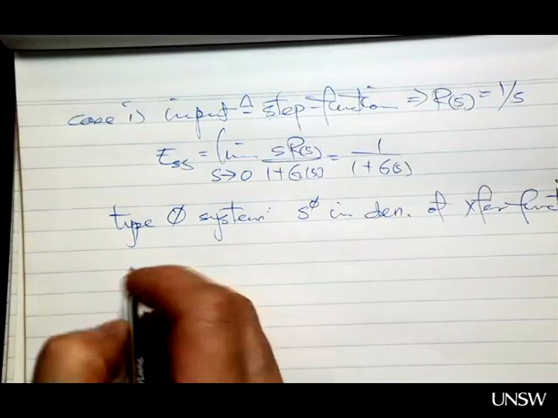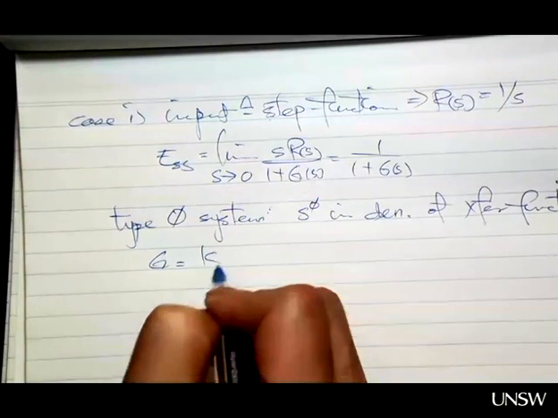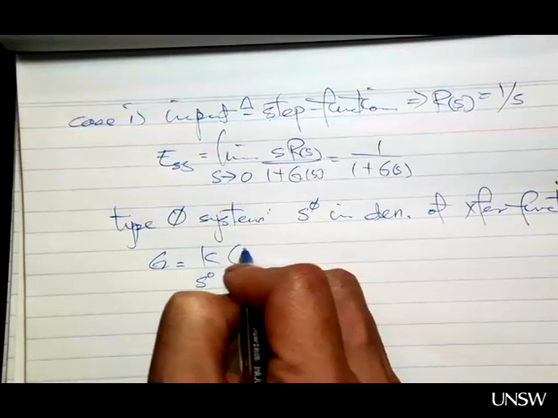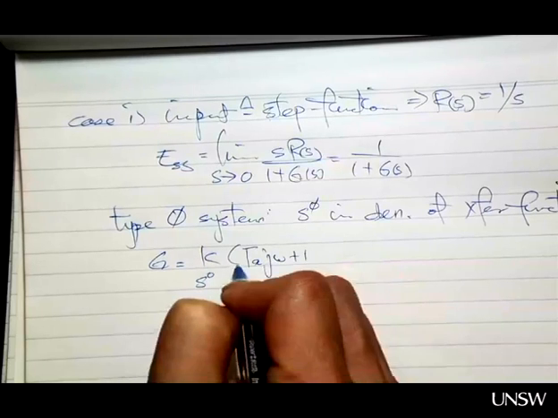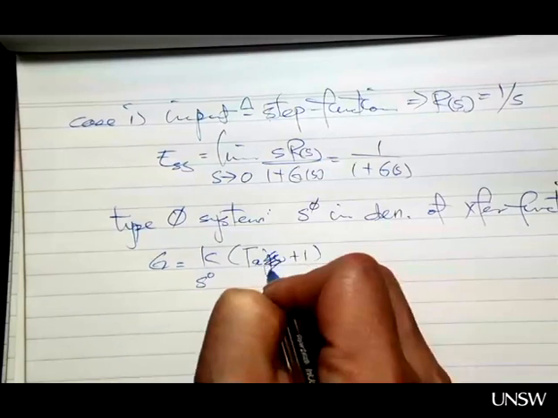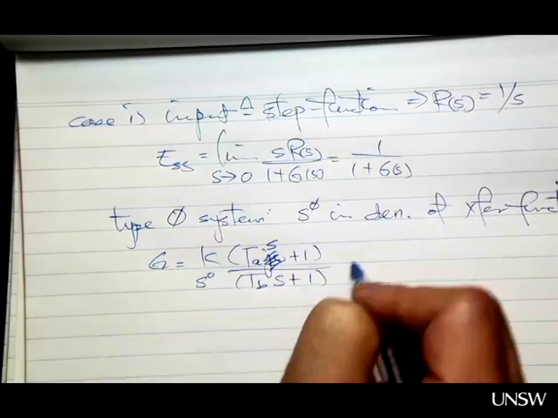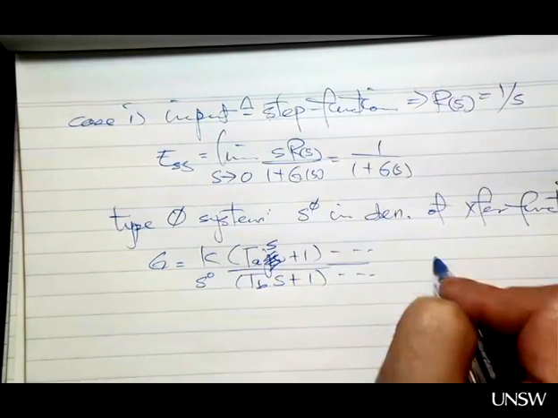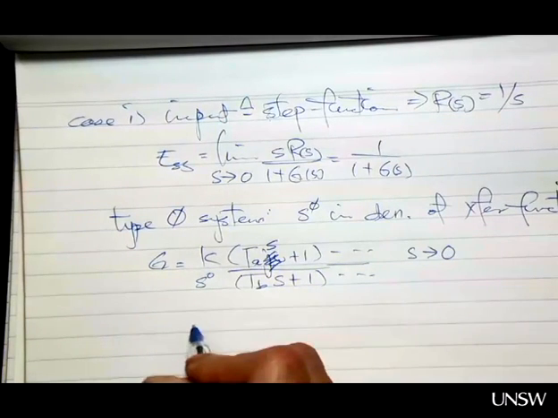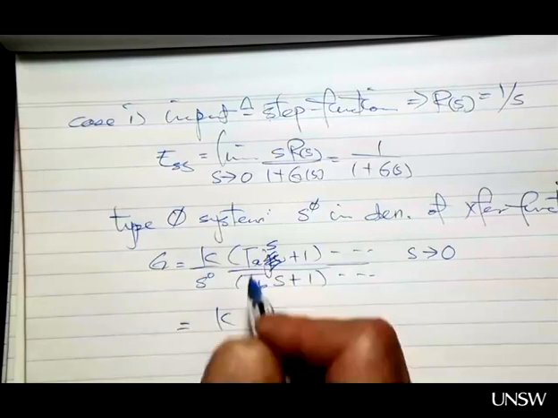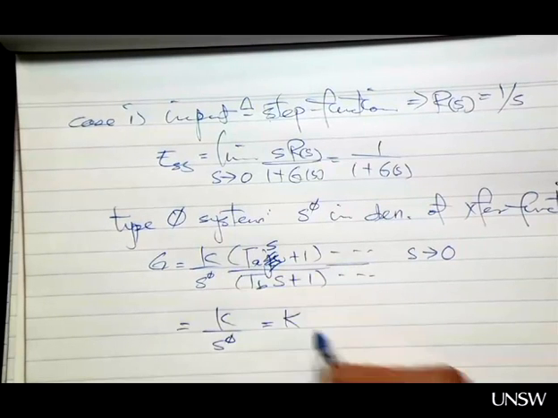So G equals K over s to the power 0, and then all the factors (T_a s plus 1), (T_b s plus 1), etc. So when s tends to 0, we have only K, s to the power 0, which is K itself.